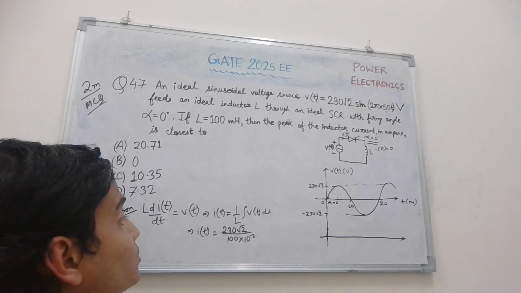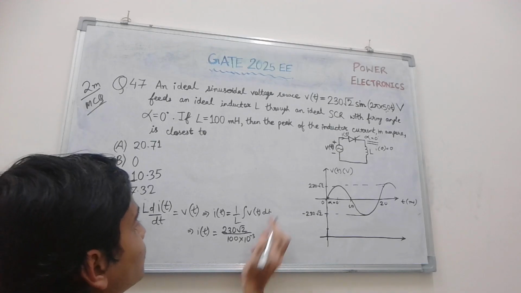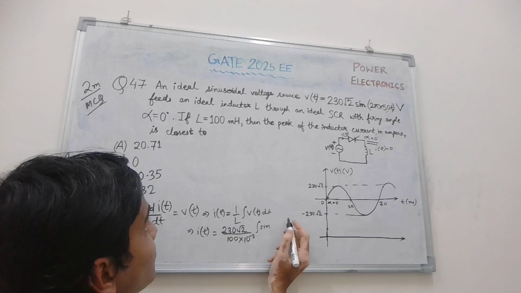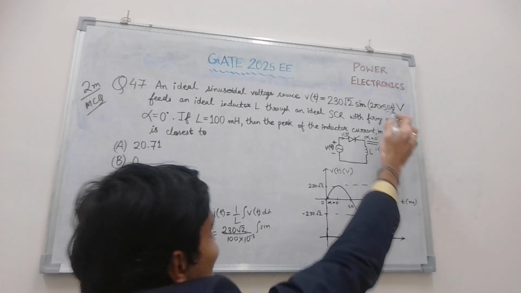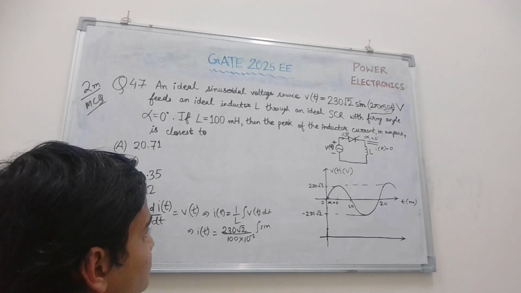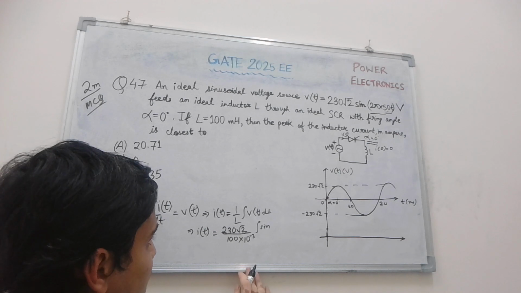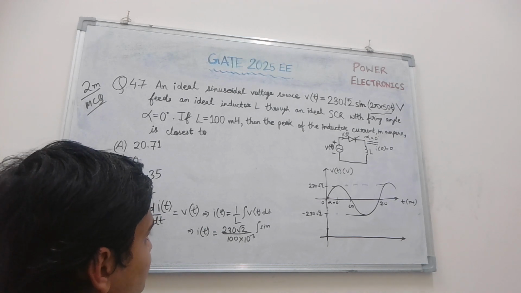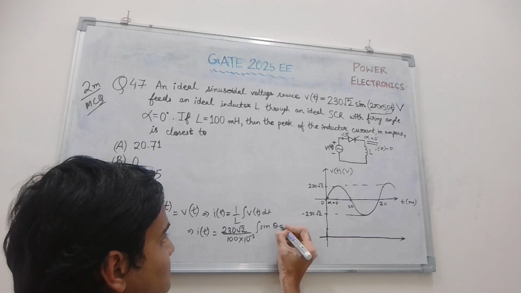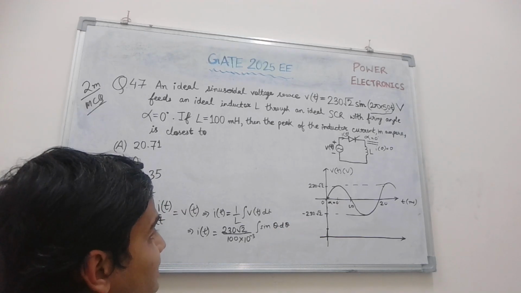We put the values and get sine of, let's say this angle is theta, omega t is theta. So it will be sin theta d theta.